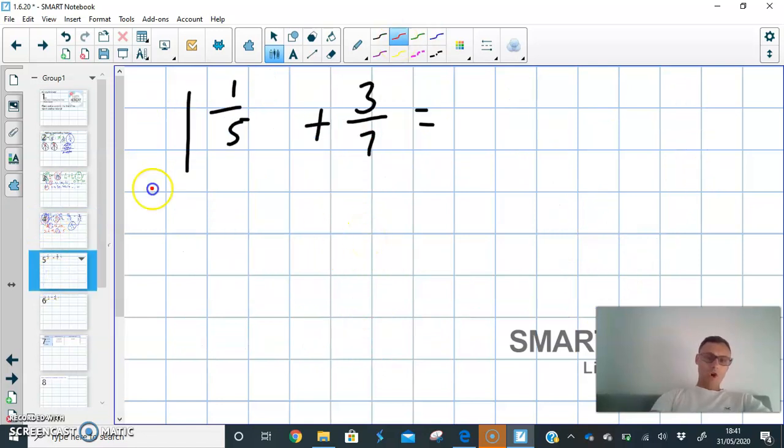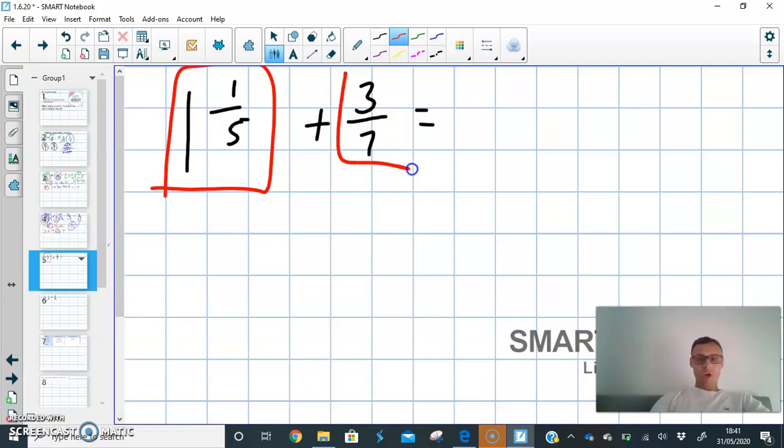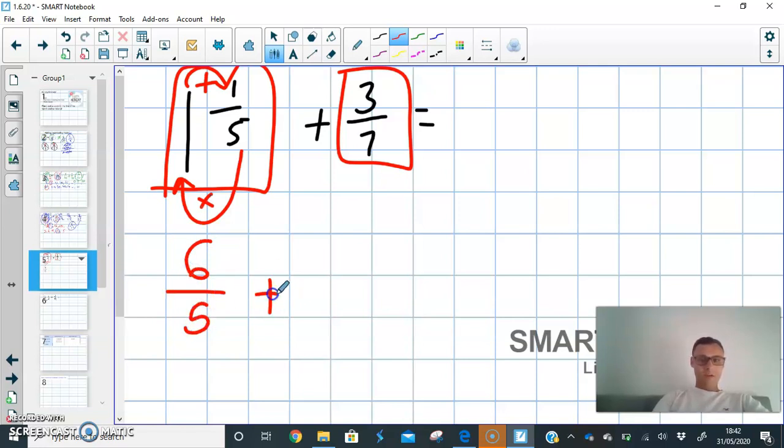Now here we've got a mixed number and a proper fraction, so I need to get rid of this mixed number. Well, that's fine. Remember, we times the denominator and the whole number together and then add the numerator on. So 1 times 5 is 5, add 1 is 6. 6/5, add 3/7.